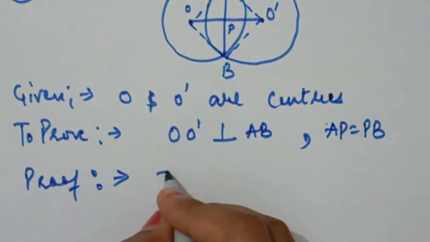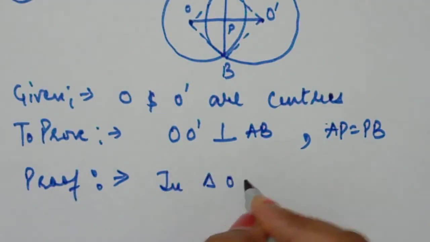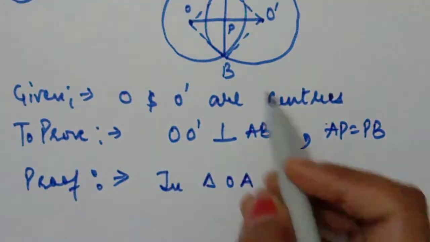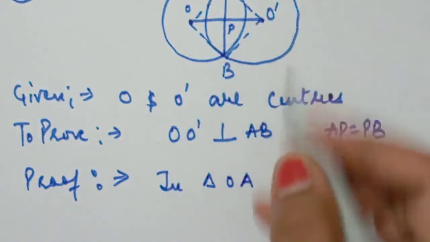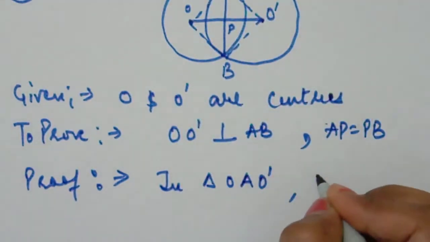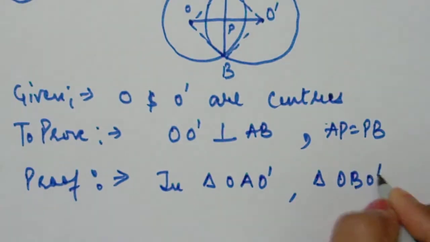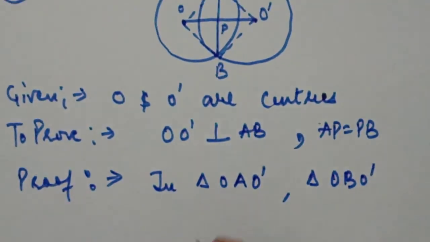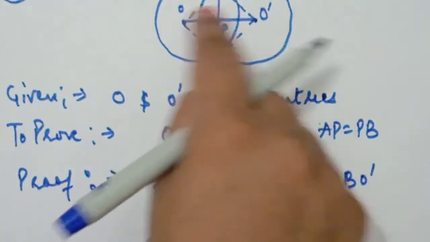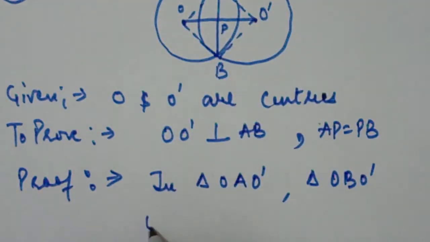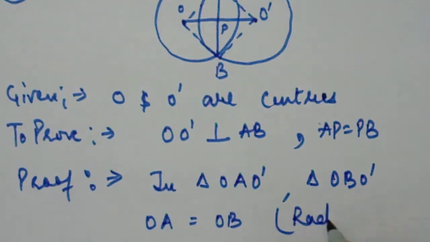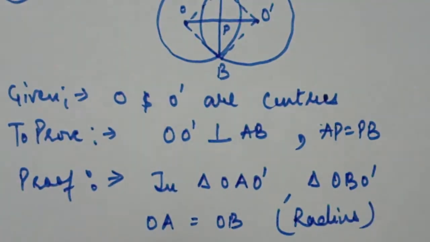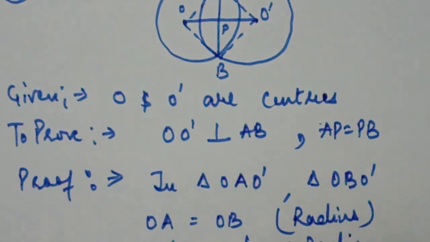Now we will take two triangles, triangle OAO dash and the other triangle OBO dash, and try to prove these two triangles congruent. First of all, in this triangle and this triangle, OA is equal to OB, radii of the same circle. AO dash and BO dash, radii of the same circle.